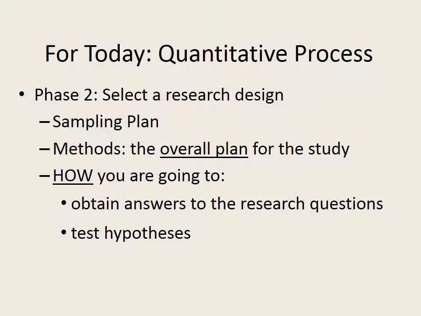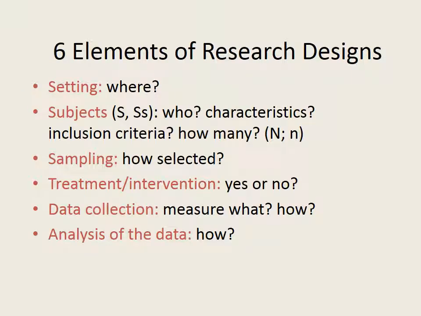We talked before about sampling plans and how those work, and that you have to test the hypothesis with quantitative research. You have to have a setting, which is where it takes place. If you see S or SS, that's the subjects.